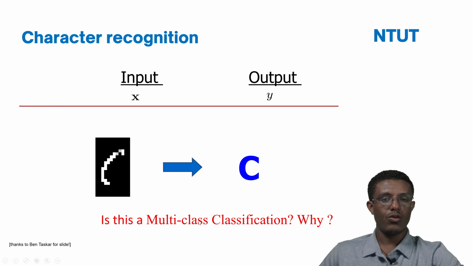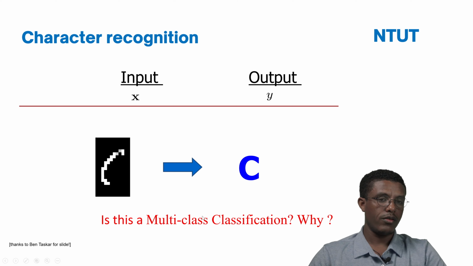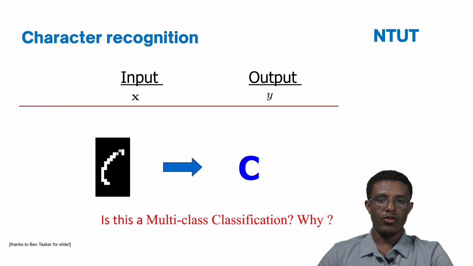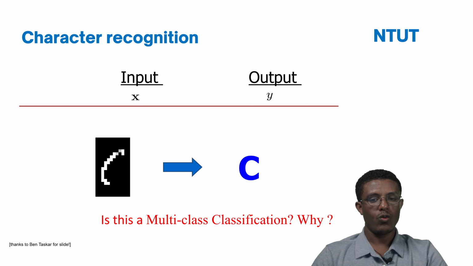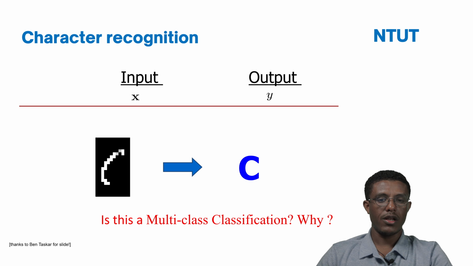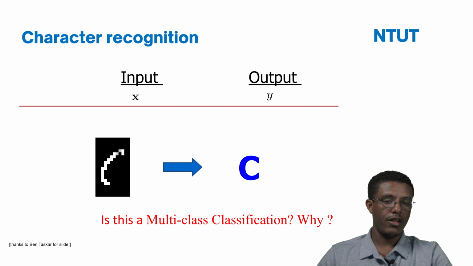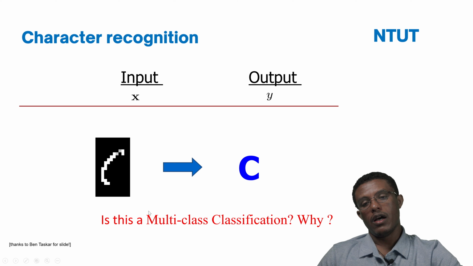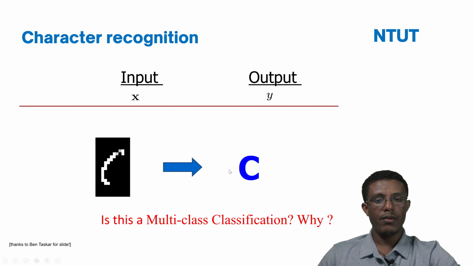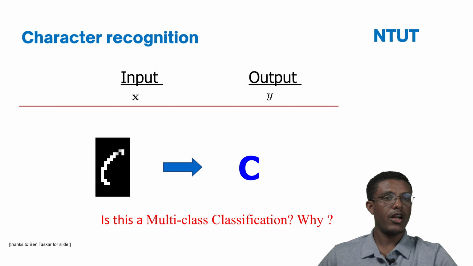Do you think that this one is a multi-class classification, and why? We try to decide whether it is multi-class or just binary classification. For this case, yes, it is a multi-class classification, because this one is a character. Maybe here it says C, but the model may also suggest other characters, because there are a number of characters.